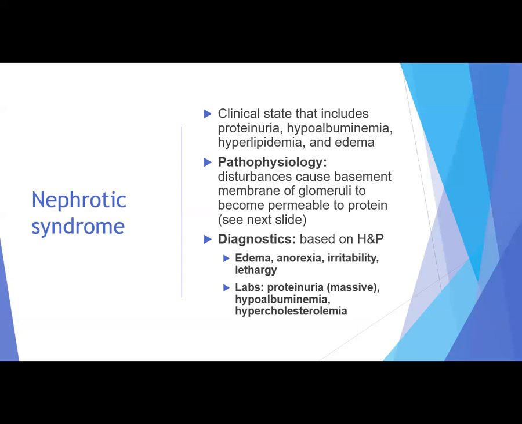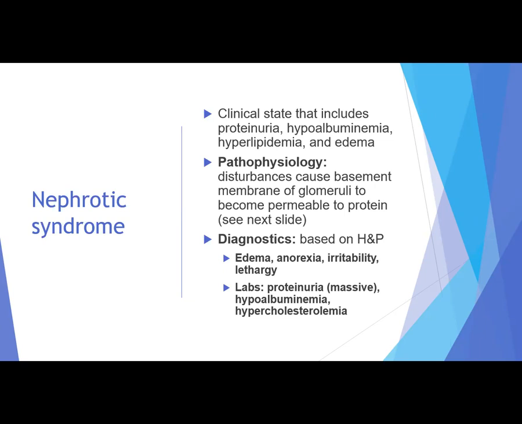Okay, basically we've got this massive fluid shift, and we're seeing that manifested in these ways. Okay, may also have that anorexia, child just has no interest in eating, maybe irritable. Typically that is related to the imbalance of electrolytes and other minerals that we're seeing there.